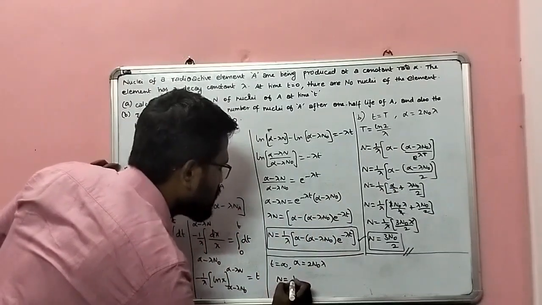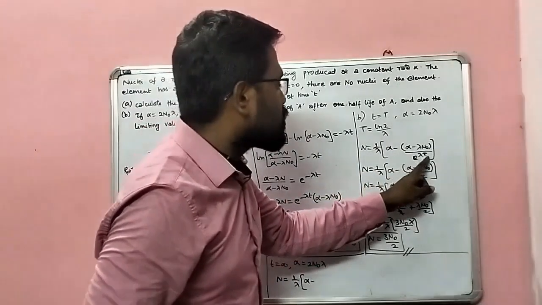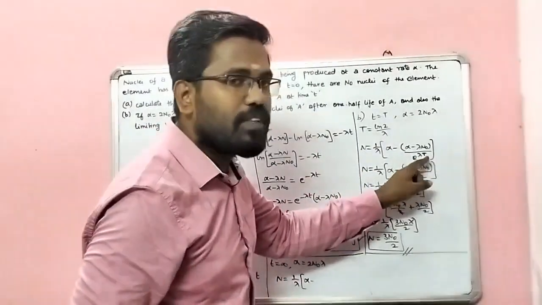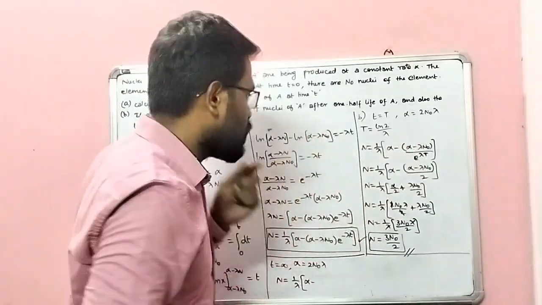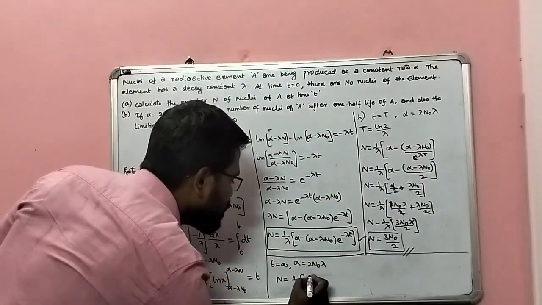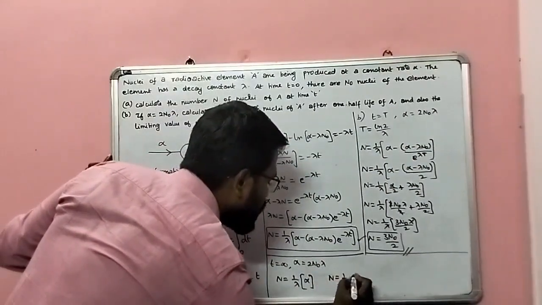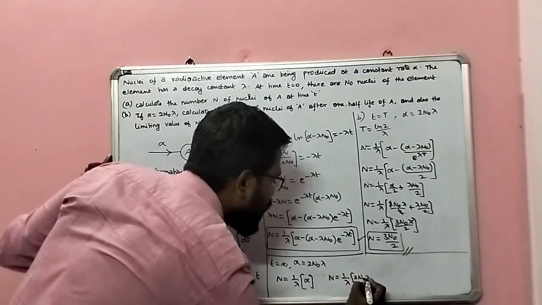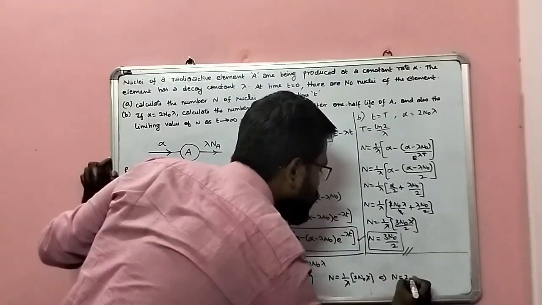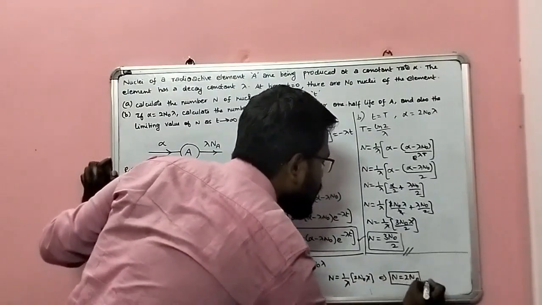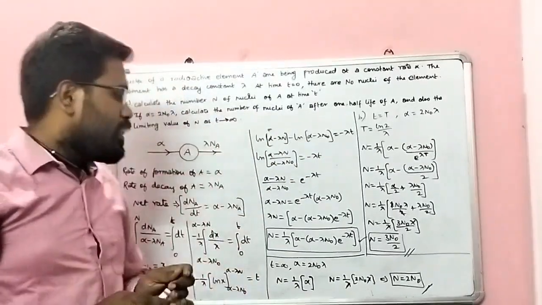Then n is equal to 1 by lambda times alpha minus something divided by e power infinity. Since e power infinity is infinity, anything divided by infinity is 0, and the remaining term is simply alpha. Now if I substitute alpha equal to 2 n0 lambda, lambda cancels, then n is equal to 2 n0. This is the limiting value of n as t tends to infinity.